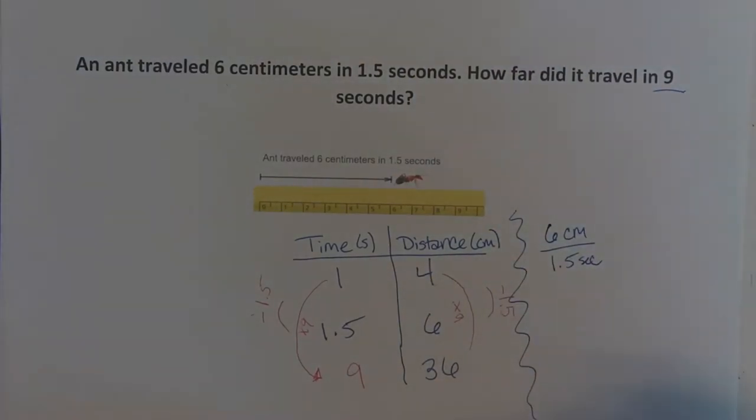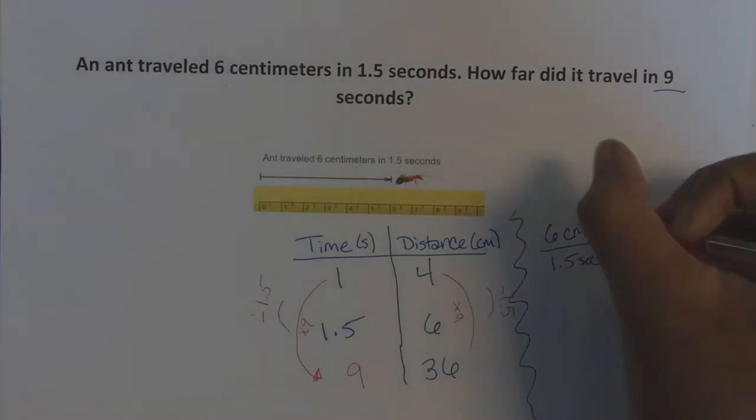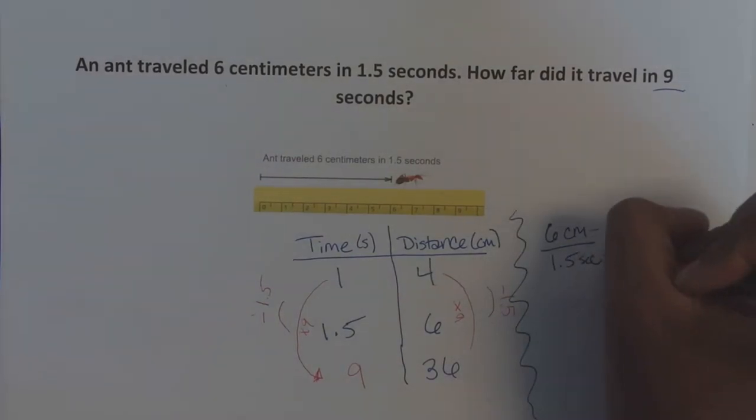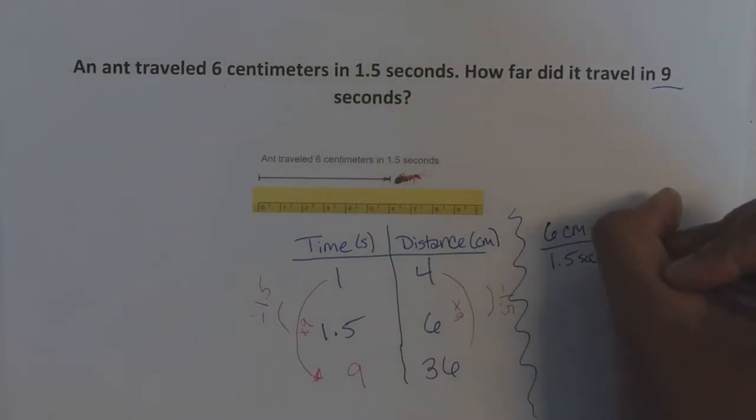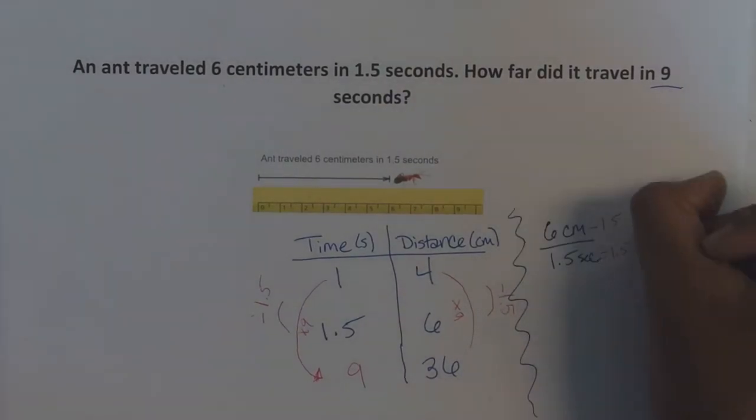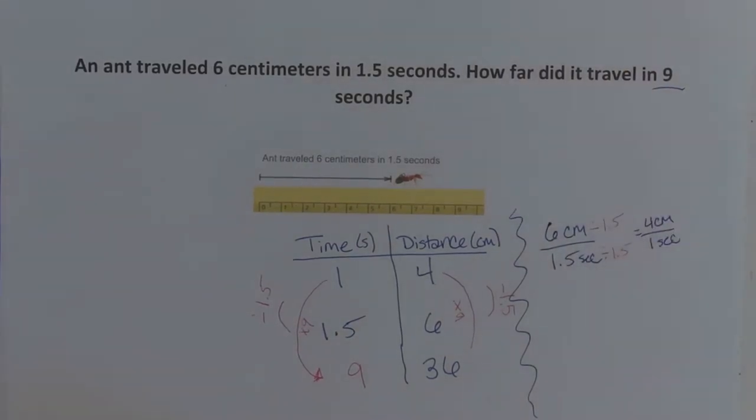And so now I can divide down to get my unit rate. And I know I can divide both of these by 1.5 because I want 1 in seconds, which is going to give me my unit rate of 4 centimeters per 1 second. Good job. Let's keep going.